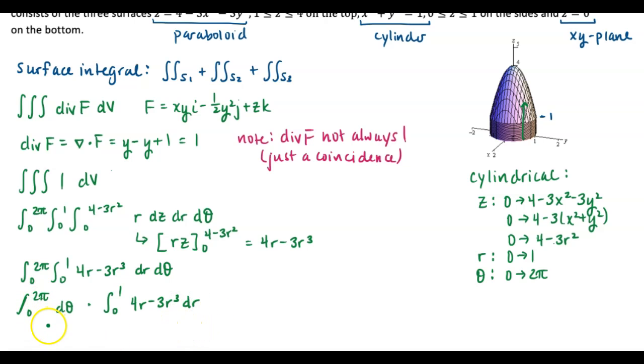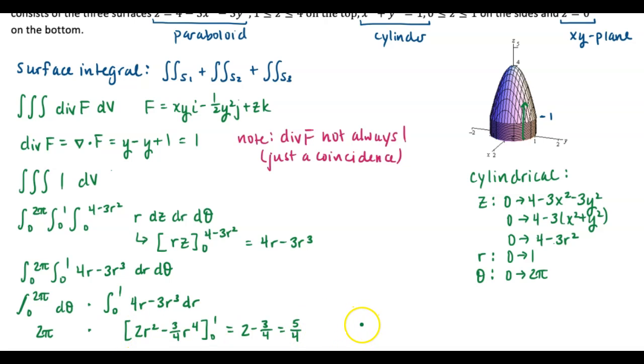I know from 0 to 2 pi, the integral of 1 d theta is just going to give us 2 pi. And we're multiplying this by, when I take the antiderivative of 4r, I get 2r squared. Antiderivative of -3r cubed is -3/4 r to the 4th power as we go from 0 to 1, which is equal to 2 minus 3/4. 2 minus 3/4 is 8/4 minus 3/4, which is 5/4.